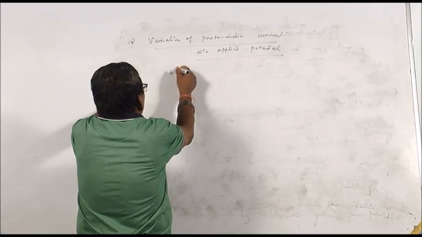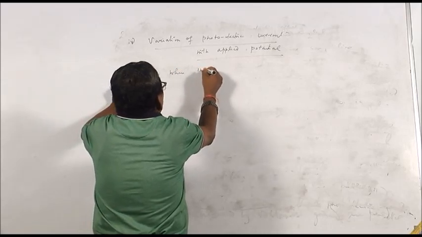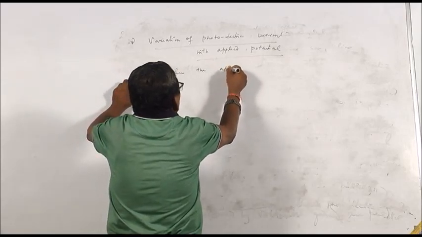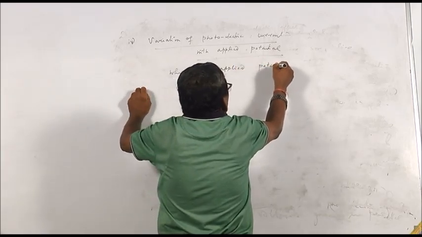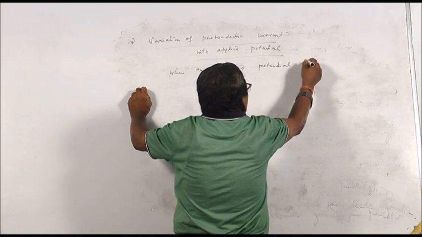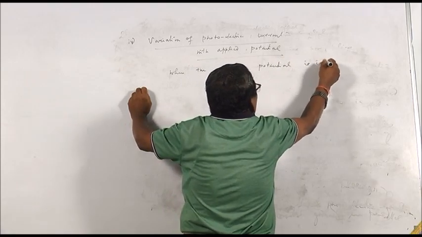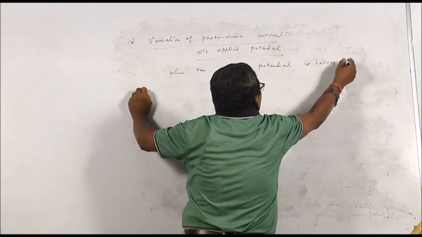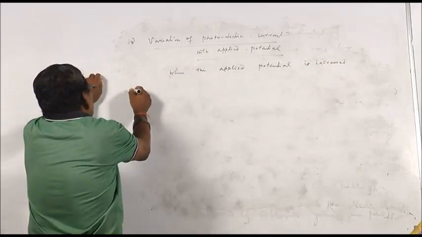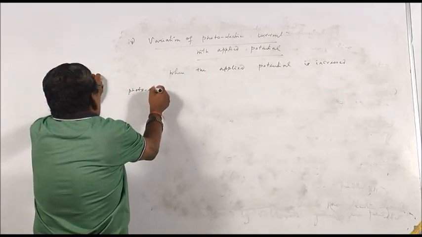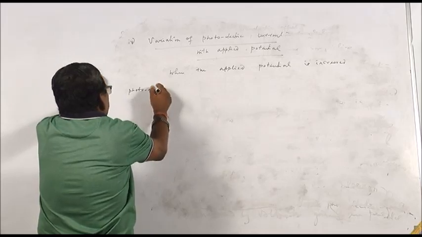When the applied potential is increased, photoelectric current increases.